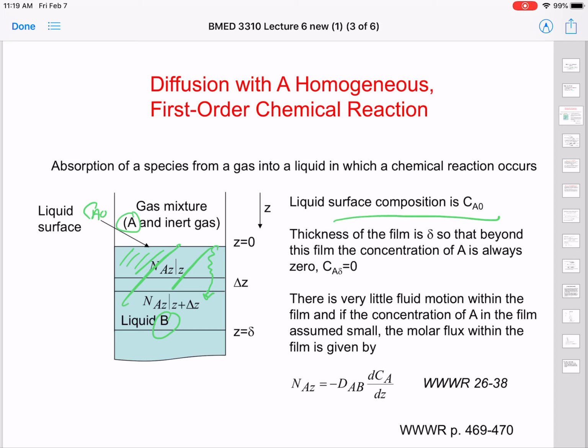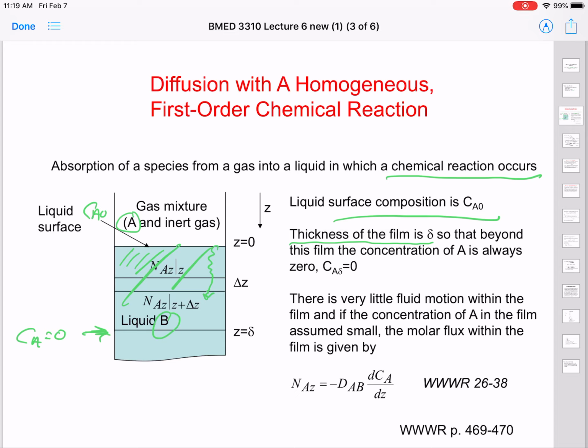And it's reacting, actually disappearing, being decomposed in there. The thickness of the film is del, so that at this point the concentration is 0, and everything below it is 0. So the gas with A in it is penetrating into the liquid, but only so far, because it's being degraded, reacting and being consumed.